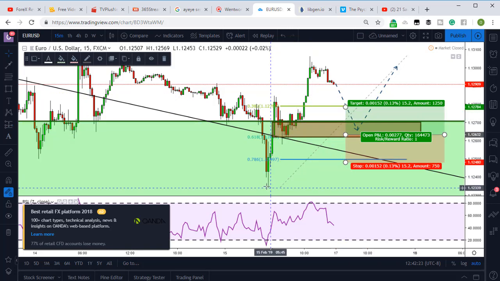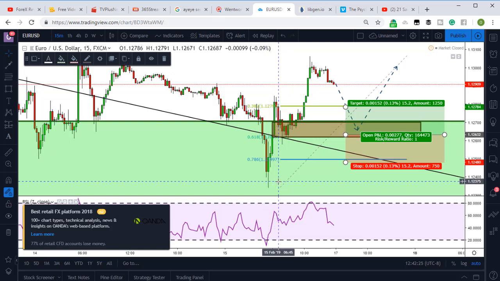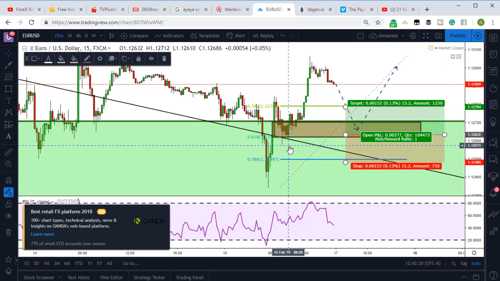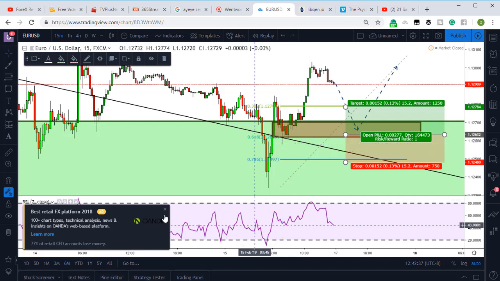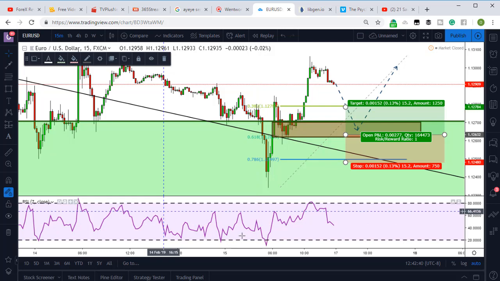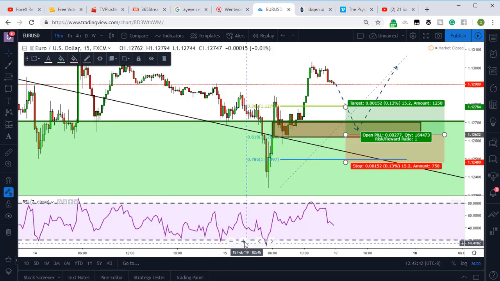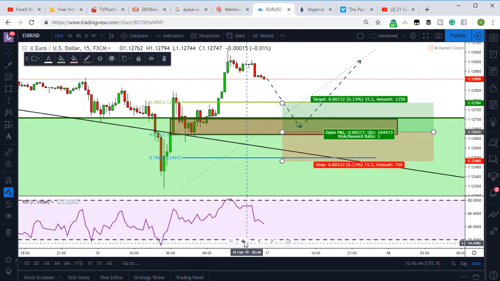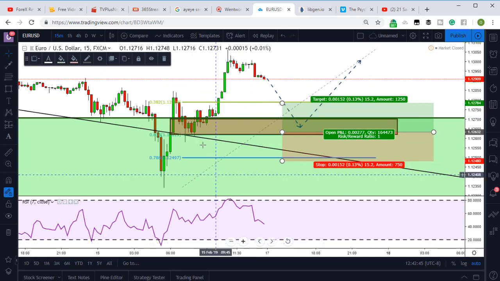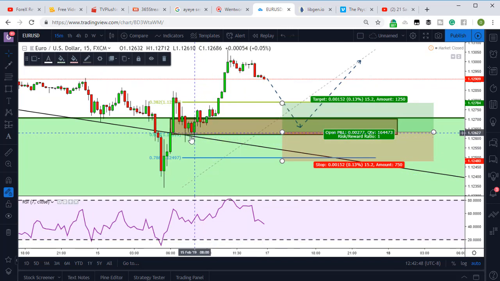Stop loss would have to be below this wick to be safe. If you want to be a little more assertive, but for me, I wouldn't advise it, you could look to put your stop loss just below the wick of this candle. Let me zoom in. Like I said, if you feel confident, you could still put your stop loss just below the wick of this candle.